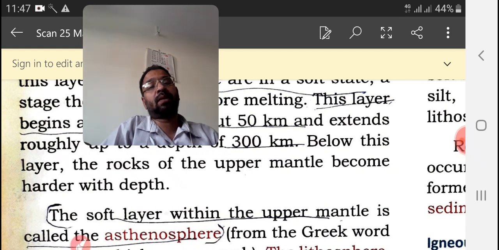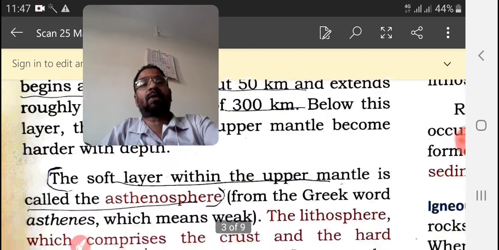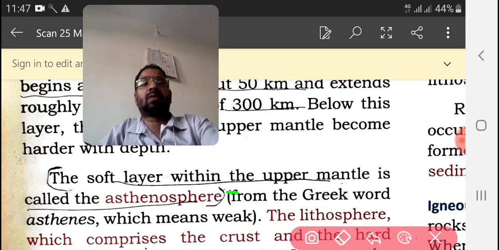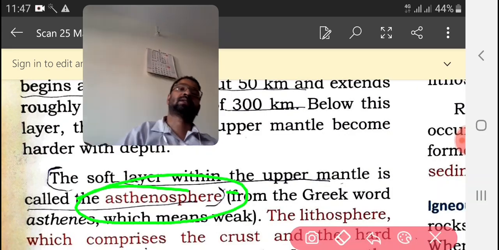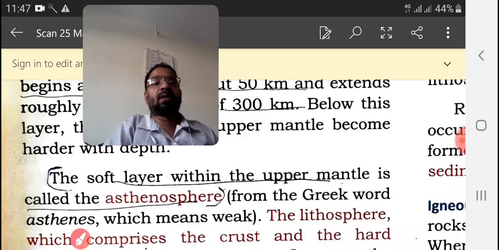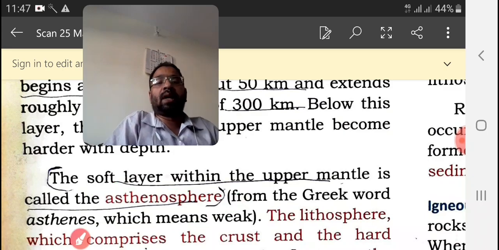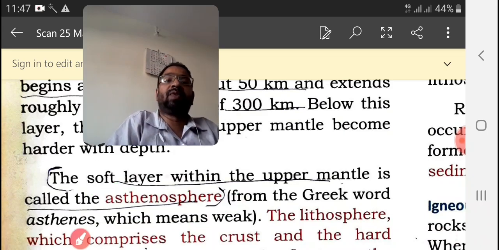So I said the upper mantle we can divide into two parts, and the second part is a soft layer. This part we call the asthenosphere. It comes from the Greek word asthenos, which means weak.